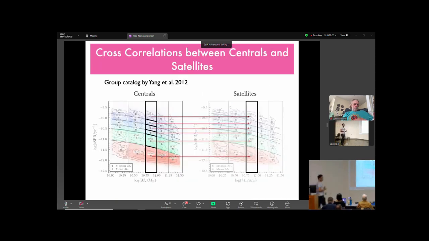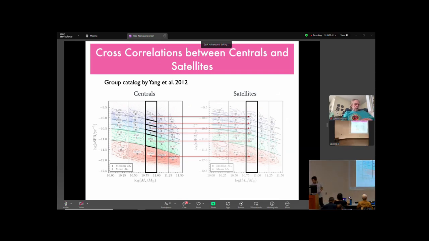So then we thought, let's try to infer the halo masses of these galaxies using cross-correlation. What we did, and what you're going to see in the next plot, is that we fix a stellar mass. We select central galaxies according to their specific star formation rate, and cross-correlate with all the satellites of the same stellar mass.